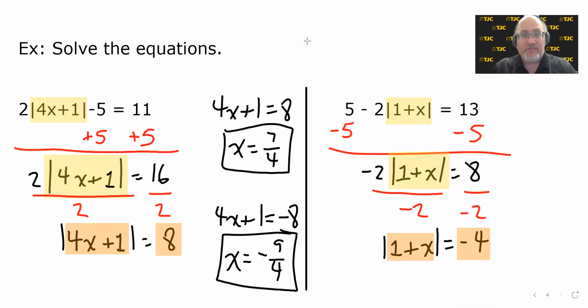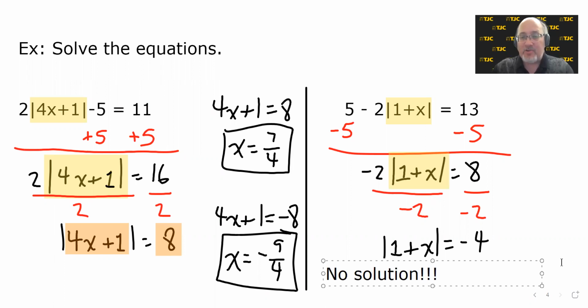This equation, in its current state, is asking for the absolute value of something to be negative. That is impossible. This equation actually has no solution.